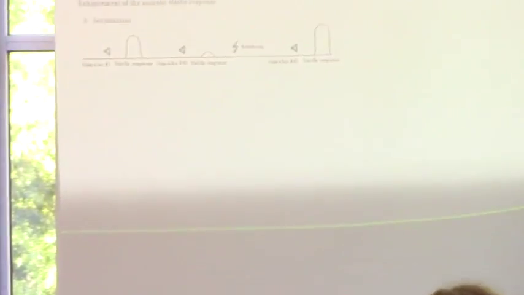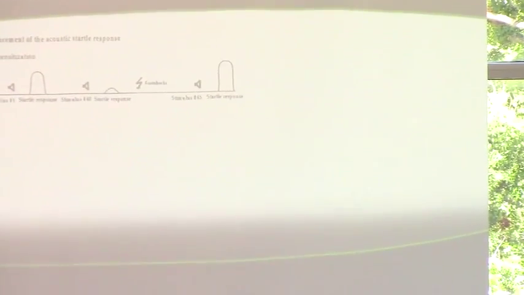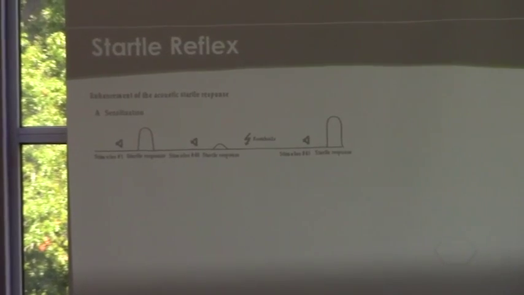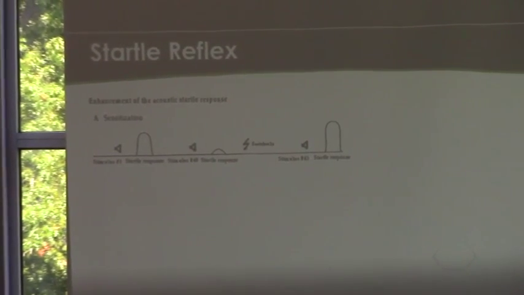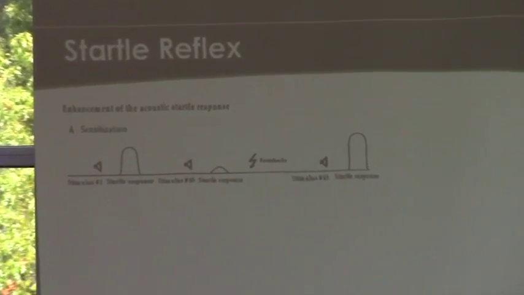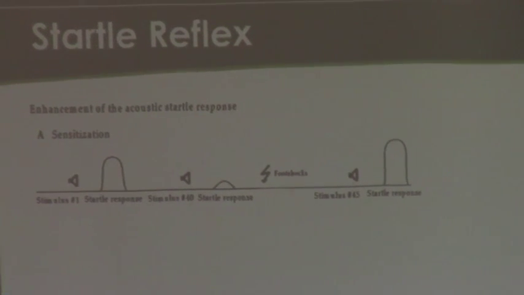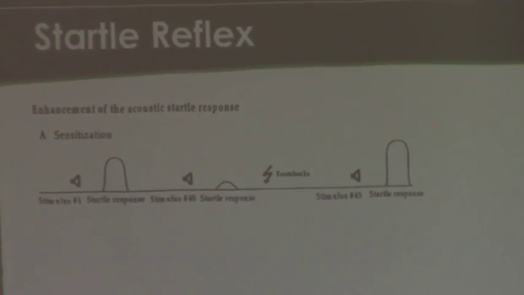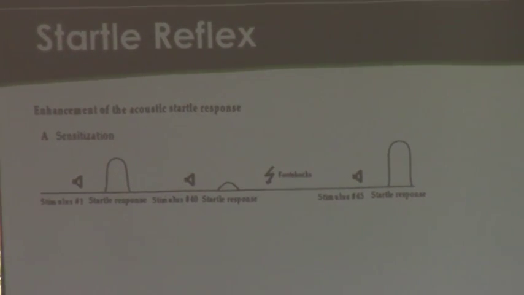You can see you have a startle reflex, and if after we try again to put one sound, we can see finally less activation of the startle reflex. And if we put the foot shock, we can rebuild finally the reflex. Sorry.